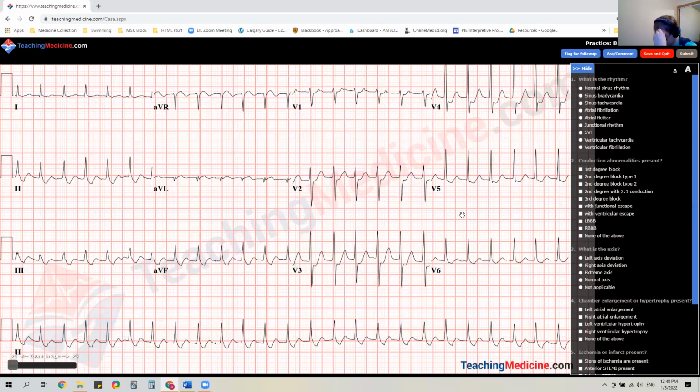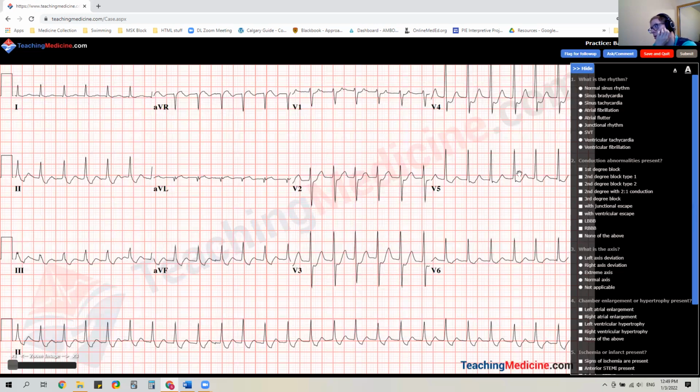Okay, so it looks like we have, so this is either a supraventricular tachycardia, and this is just a really weird looking T wave. And based on the rate, 150.